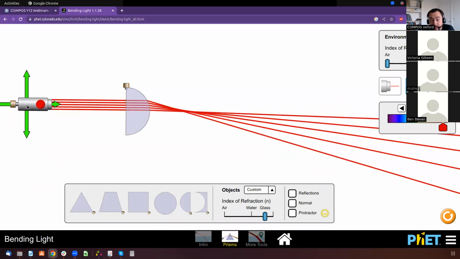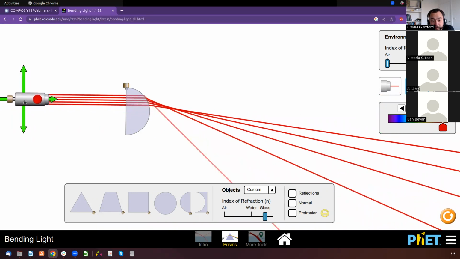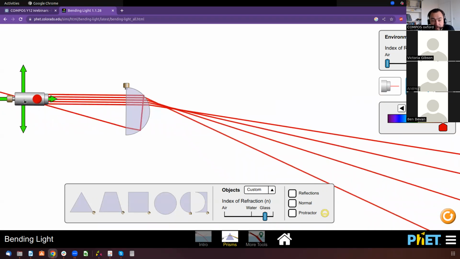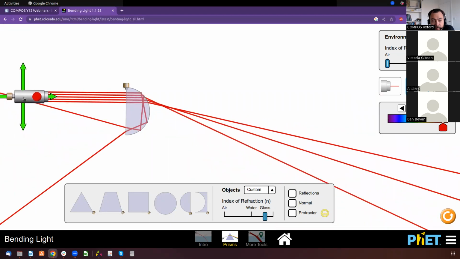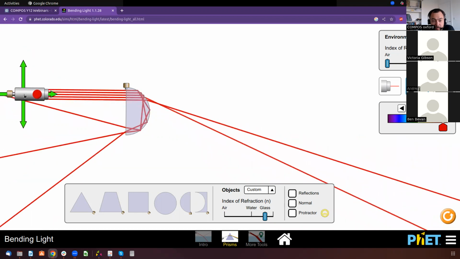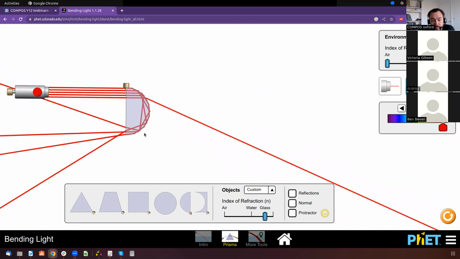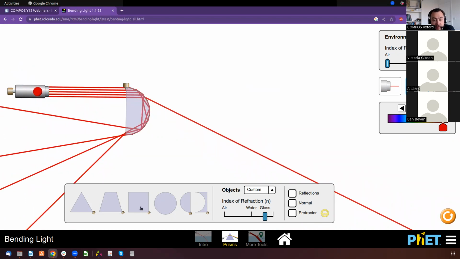Yes, when the incoming beam is sufficiently close to the edge of the semicircle, the angle between the ray and the normal will be sufficiently large that it won't go through and will totally internally reflect, and therefore that ray won't pass onto the screen. Exactly.